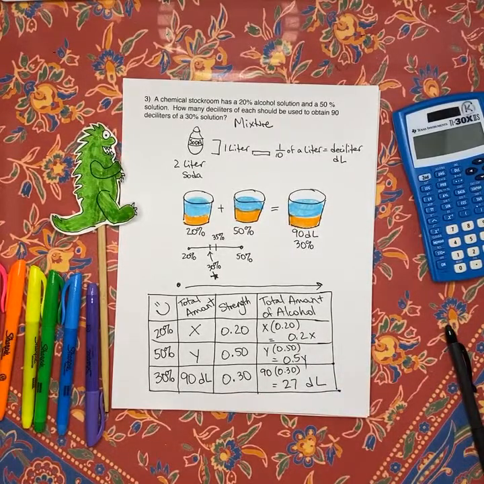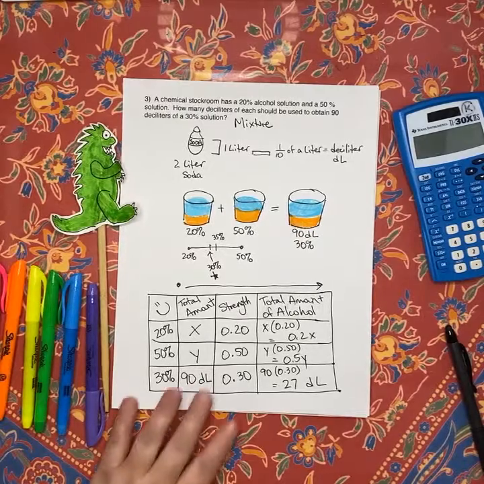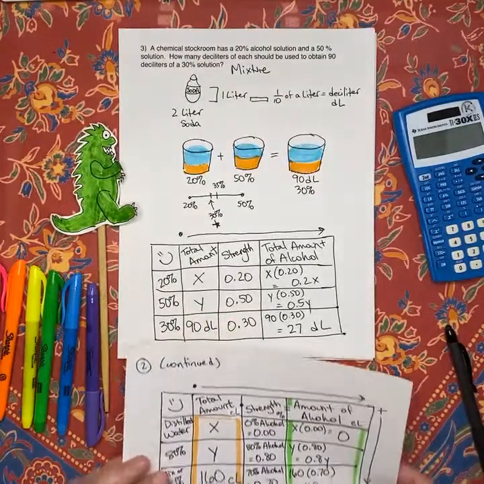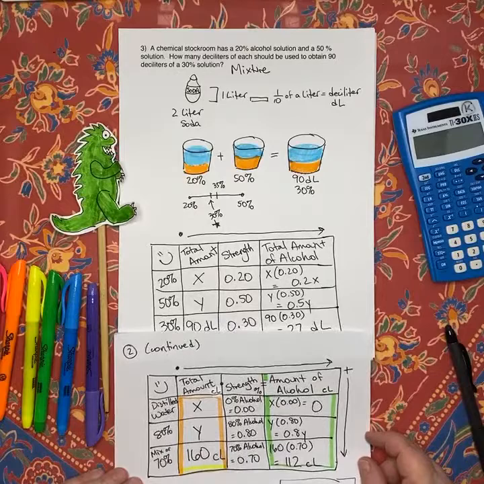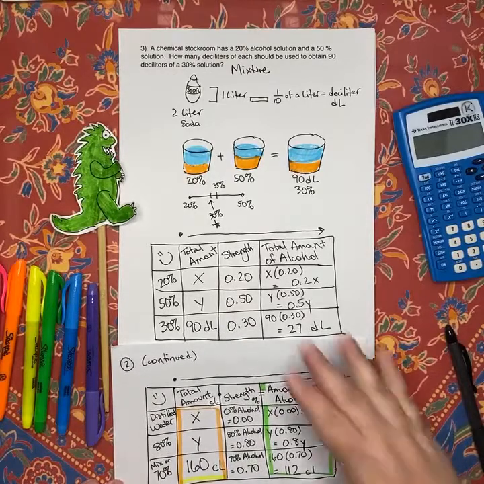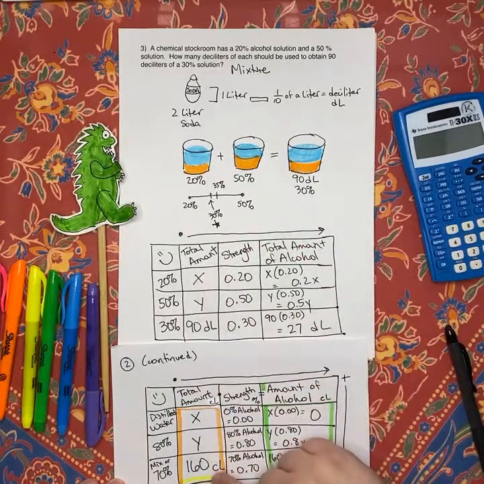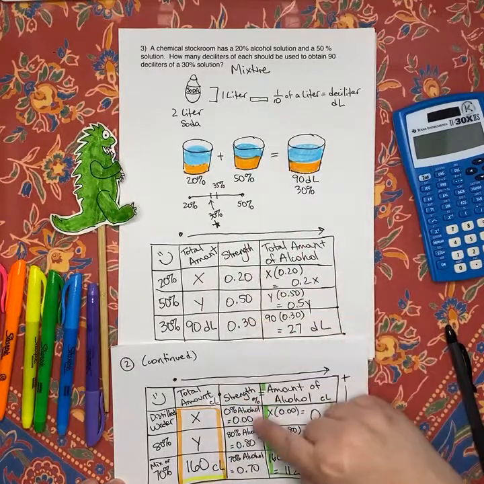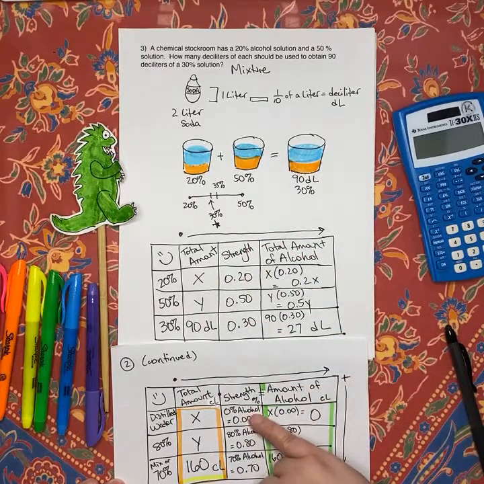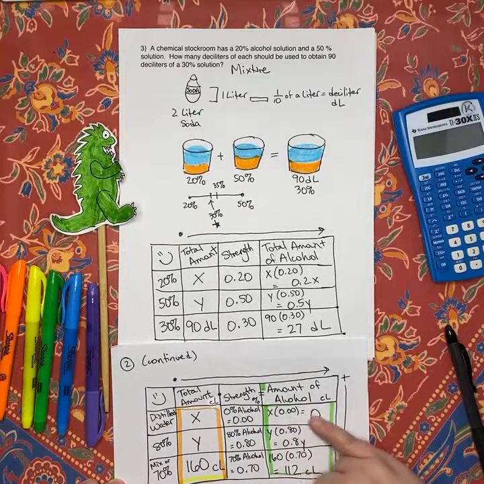Okay, so if we look at the problem we did in the chapter, in the second problem that we did right ahead, you can compare and contrast these two. The setup, identical. The strength, almost identical. Remember, we had distilled water, which made this zero out.